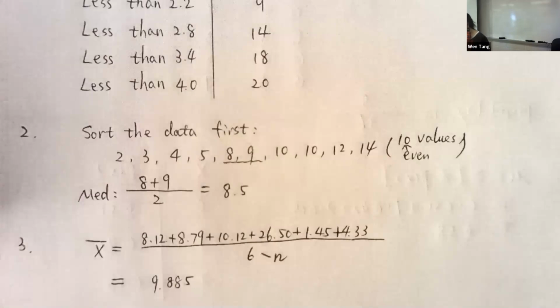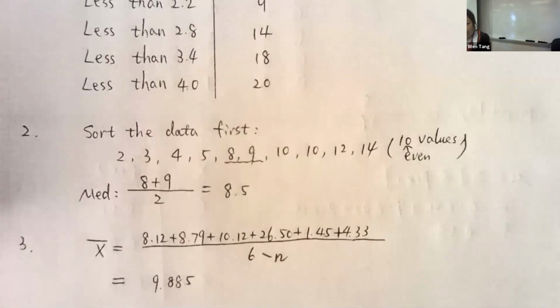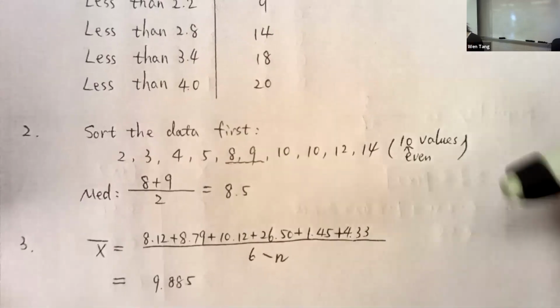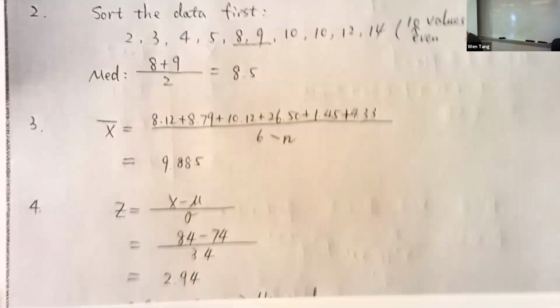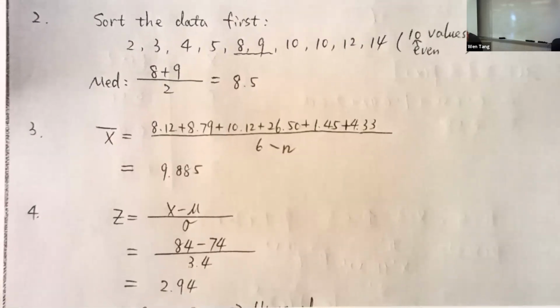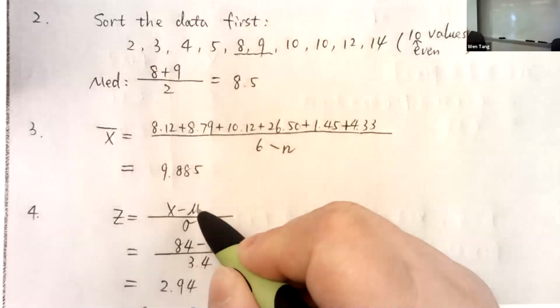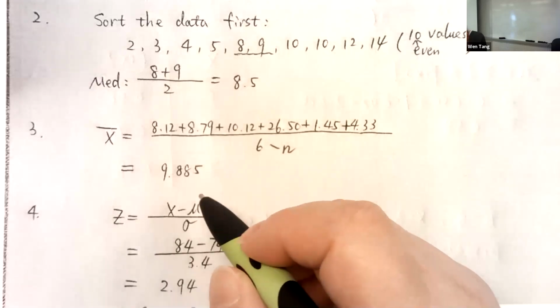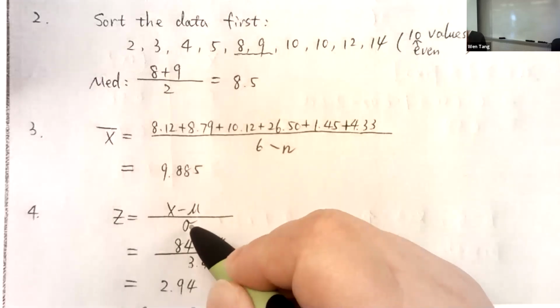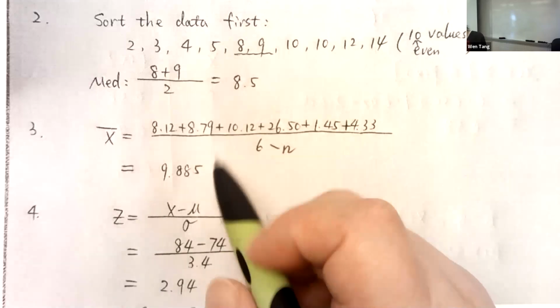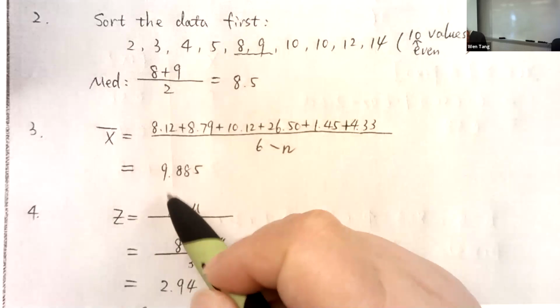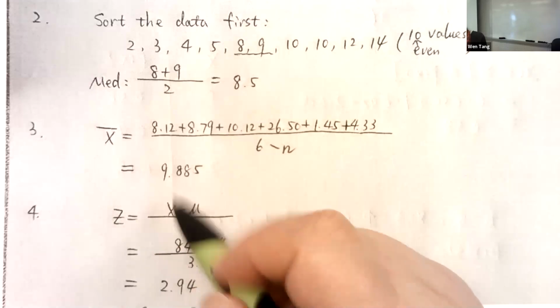Let's check how we can do this problem. First step, we're going to find our z-score. Remember, we use mu here because it's about the population, and we use sigma to represent the standard deviation. The first value, don't forget, is always the x value.